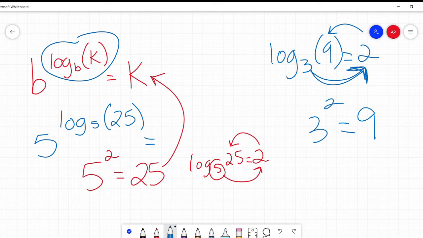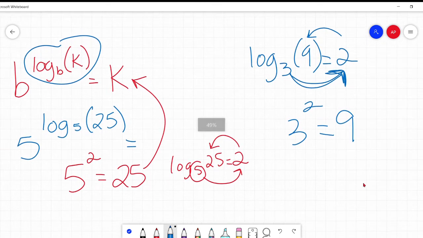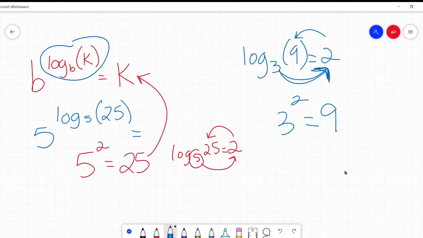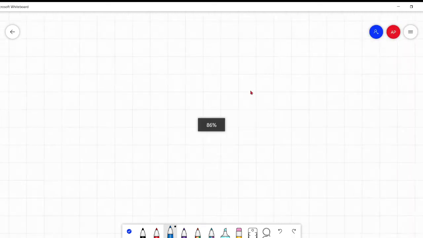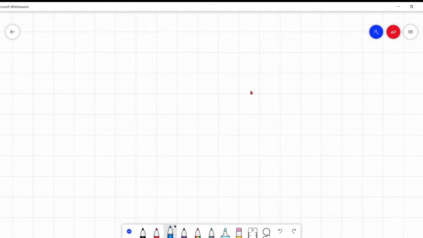I think that's why I'm not a huge fan of logs personally, is because a lot of times it feels unnecessarily complicated for things. That's just my personal feelings on it. Yeah, we're all allowed to have feelings on things, and I remember being in school and being like, why are we doing this when we just did exponents?